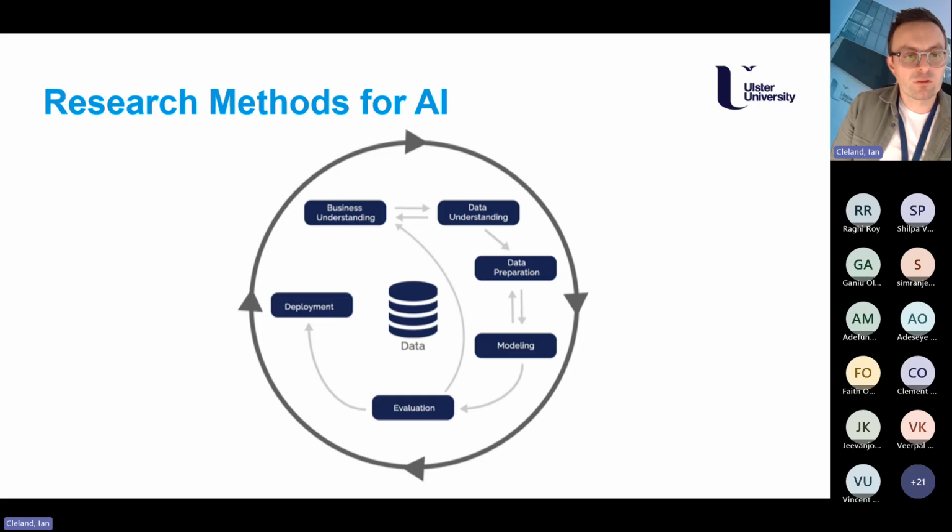It's a general model for data mining type projects. It fits really nicely with a lot of the AI type solutions that we might think of building, where we have a problem, we identify a data set that we can use to ask some questions about that problem, and then we want to apply a number of machine learning or data modeling techniques to try to interrogate or understand that data set.